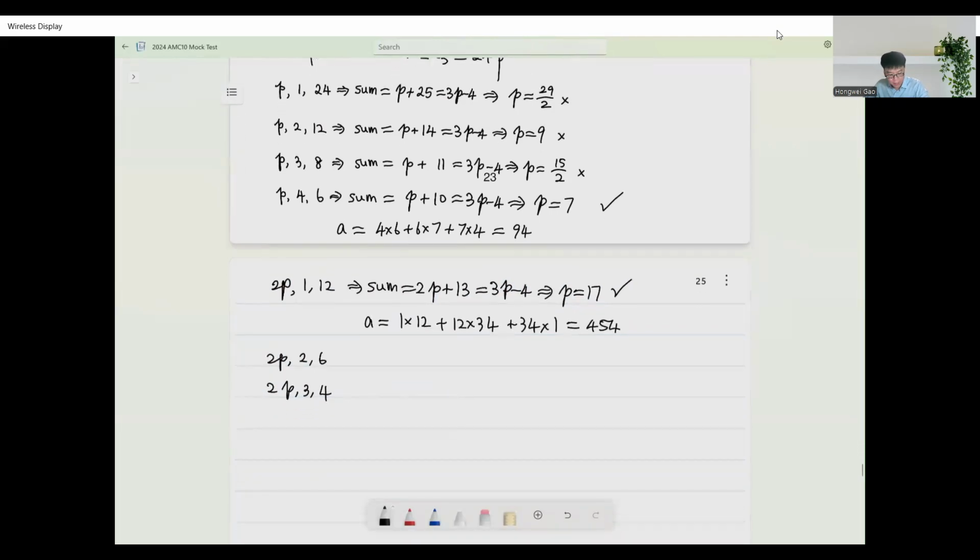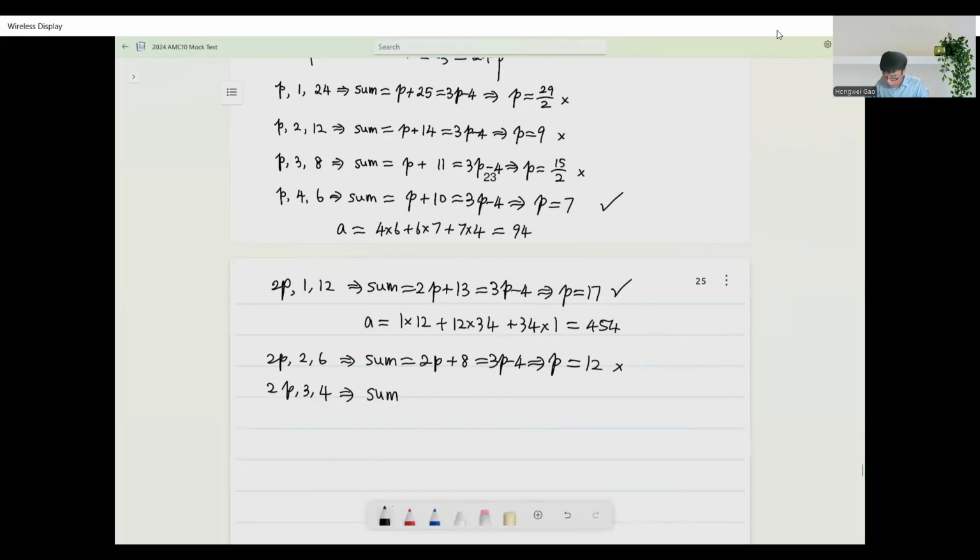Now let's keep discussing the following cases. If the three roots are 2p, 2, 6, we have the sum to be 2p plus 8 equals 3p minus 4. So we have p equals 12, which is not prime, so this doesn't work. Finally, 2p, 3, and 4.